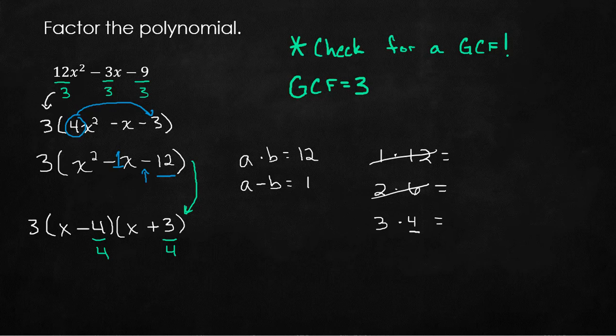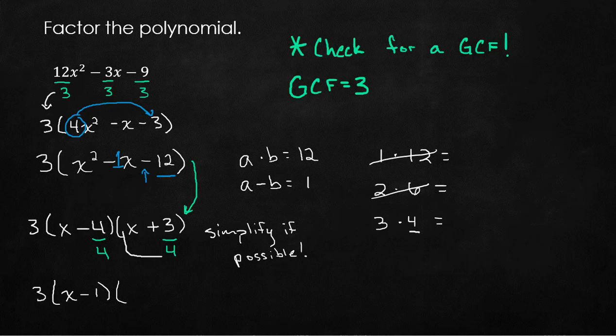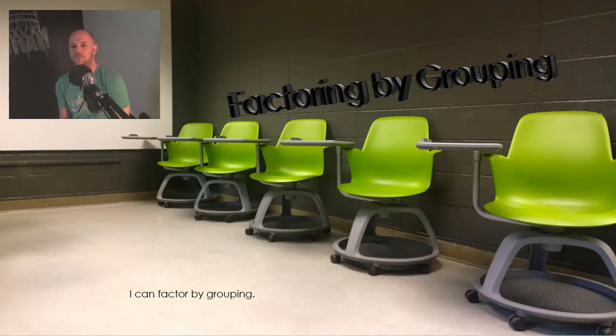Simplify your fractions where you can. 4 over 4 just simplifies to 1. 3 over 4, we're not going to go into decimal expressions or anything like that, so we just sneak this 4 back in front. And we end up with 3 times x minus 1 times 4x plus 3.